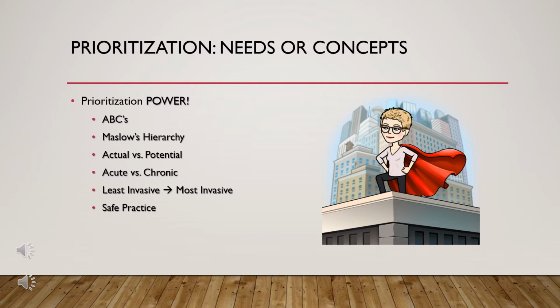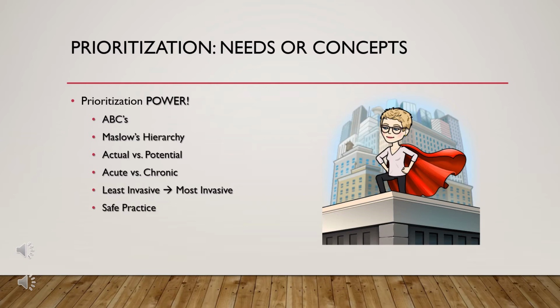In many cases, airway and breathing take a higher priority than circulation. But can you think of an event that circulation might take a higher priority? Let me give you an example. Consider a patient in diabetic ketoacidosis who has a respiratory rate of 32 breaths per minute.